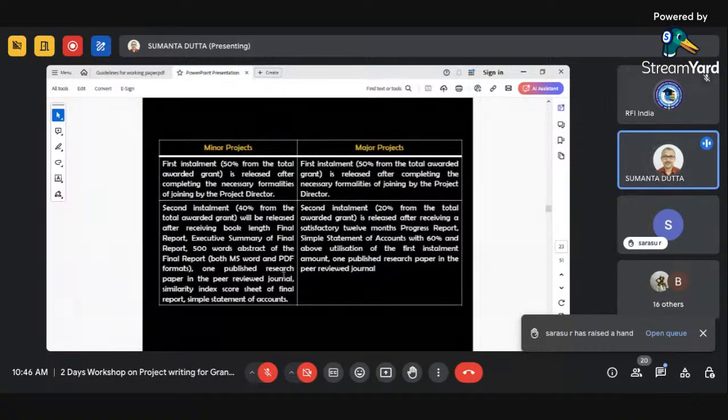Another major difference is about when we will get the first installment in a minor project.